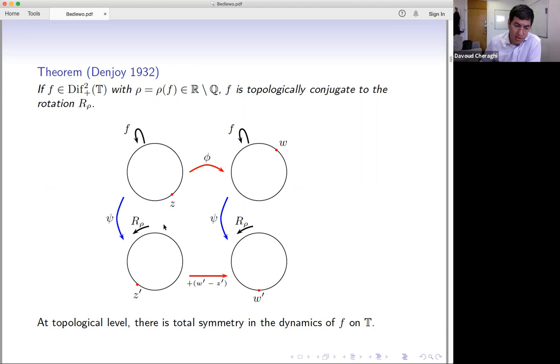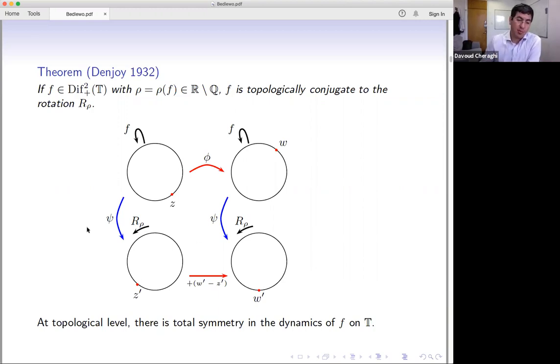But this result says that we cannot distinguish, at the topological level, the orbit of z from the orbit of any other point. This is because topological properties are very weak. They cannot distinguish these different geometries of orbits.